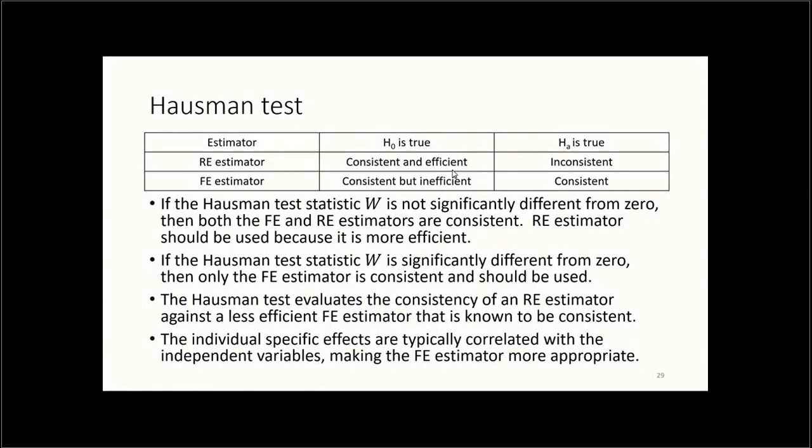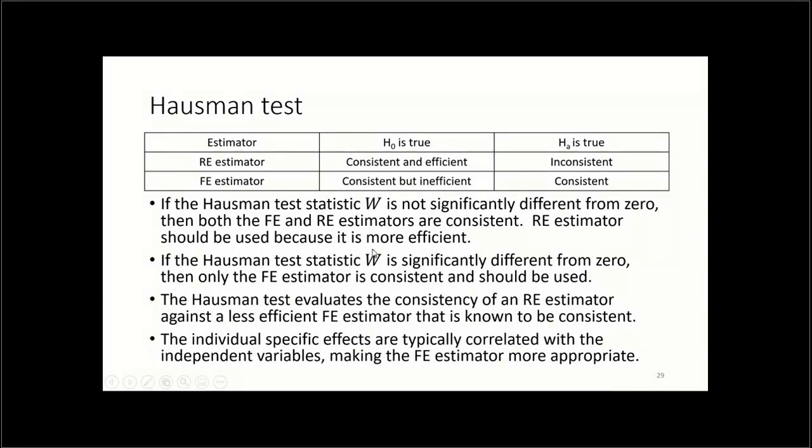So if the Hausman test statistic W that I showed you on the previous slide is not significantly different from 0, then both of these estimators would be consistent, and the random effects estimator would be used because it's more efficient. So again, this would be right here. If the Hausman test statistic is not significantly different from 0, we would be going with the random effects estimator.